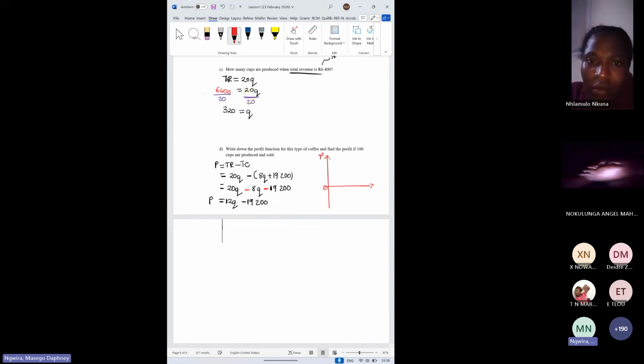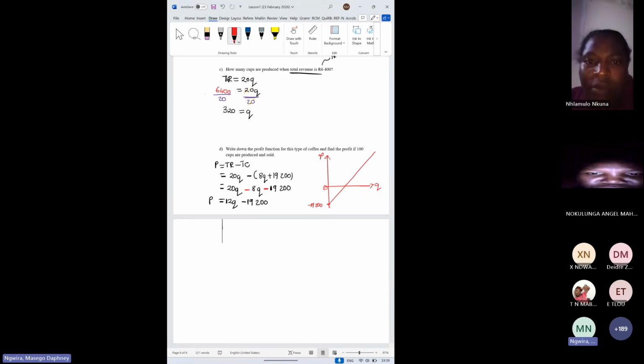Because this is a negative 19,200, my graph is going to touch the negative side. In your Cartesian plane, from here going up is positive values, from here going down is negative values. So this is going to start here at negative 19,200. I'm trying to incorporate everything. So my graph will look something like this.